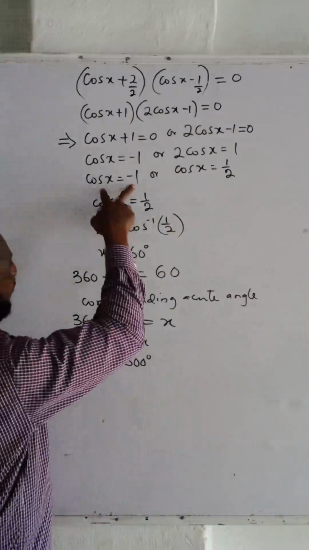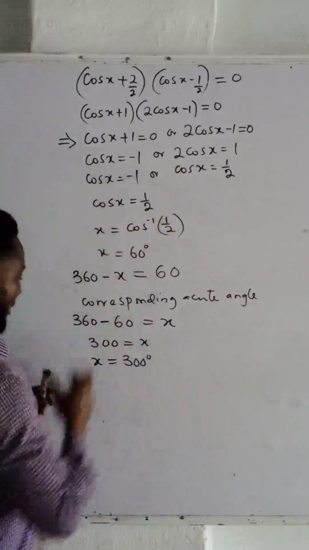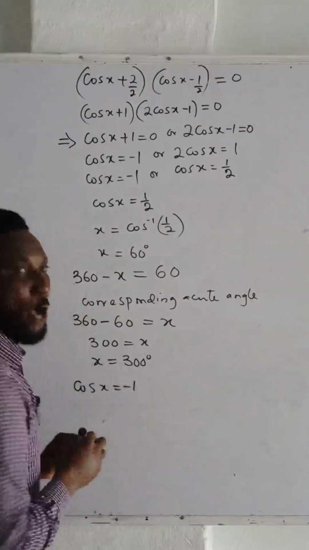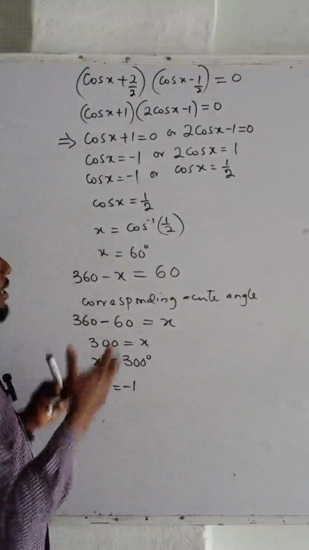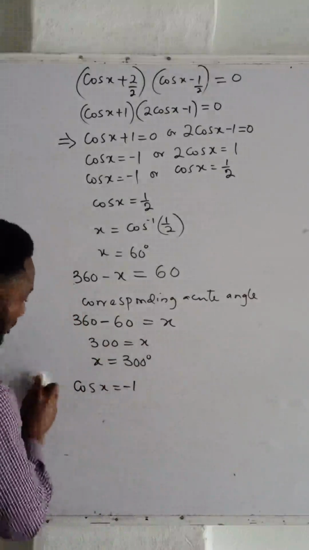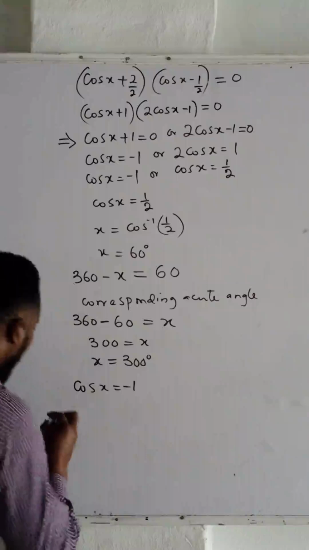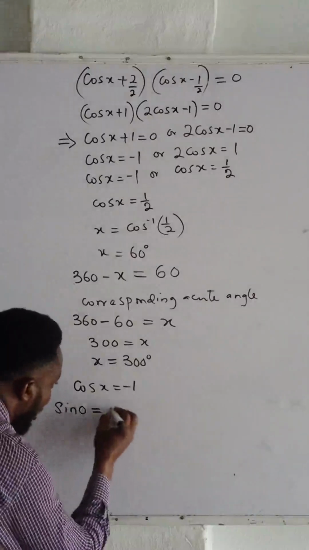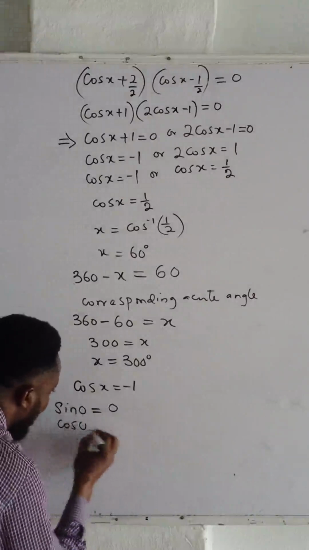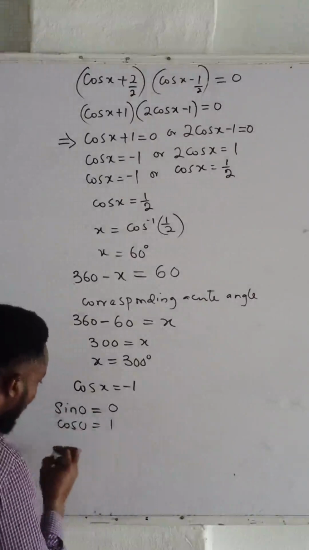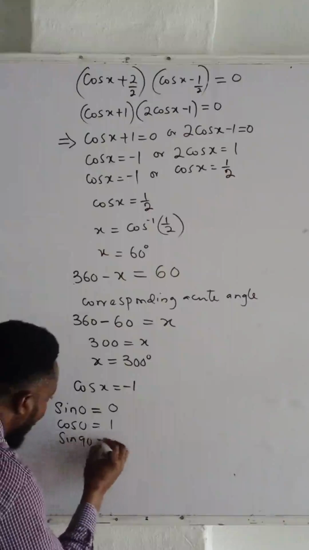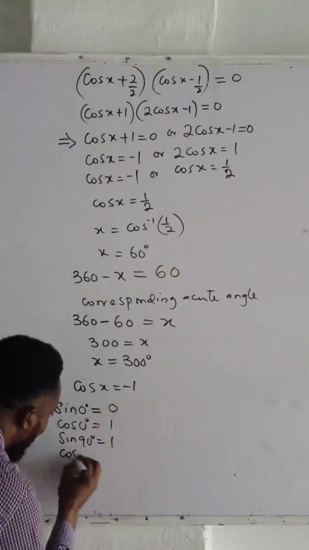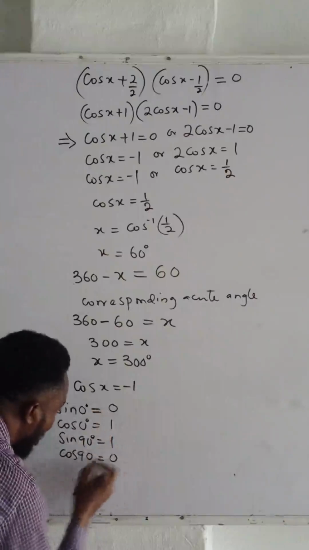Then, if I take cosine of angle x equal to negative 1, I will also need to go and consult special angles, especially for 0 and 90 degrees. I know that the sine of angle 0 is actually 0, the cosine of angle 0 is 1. Then the sine of angle 90 is 1, the cosine of angle 90 is 0.